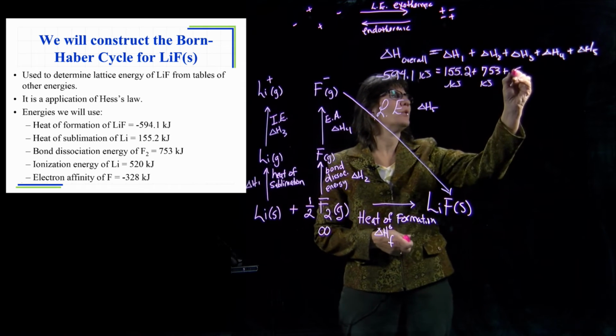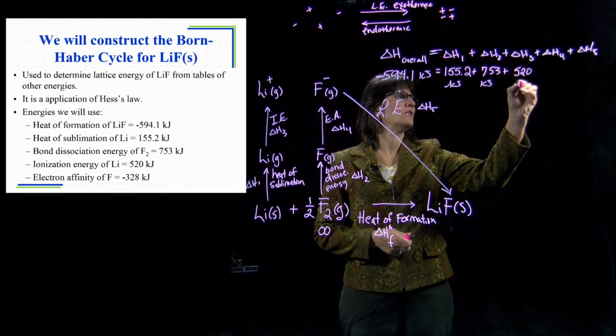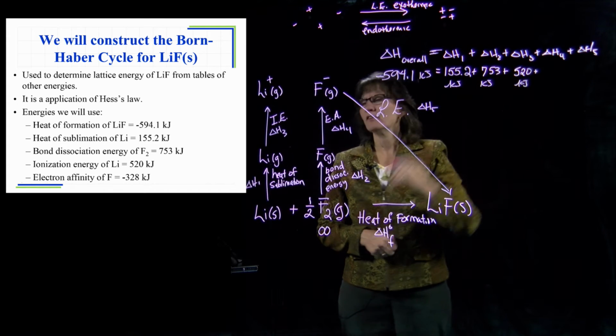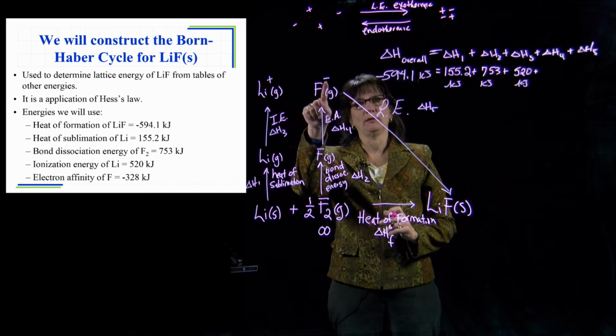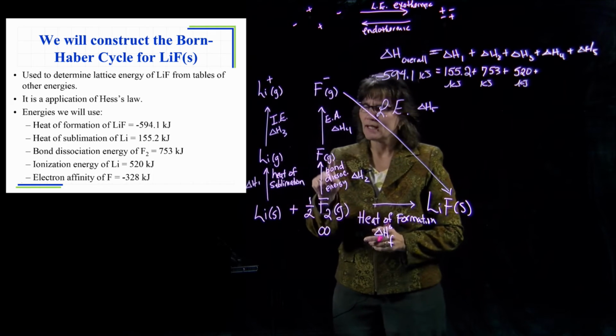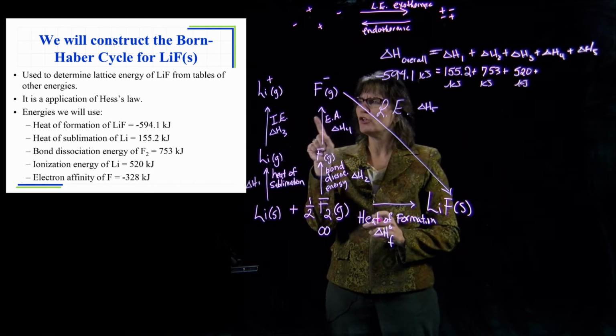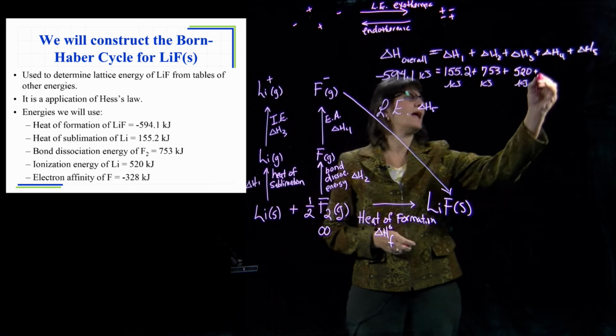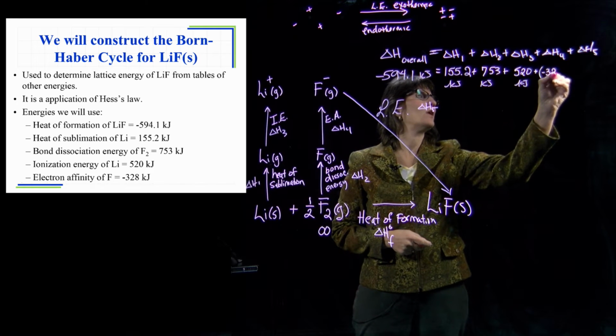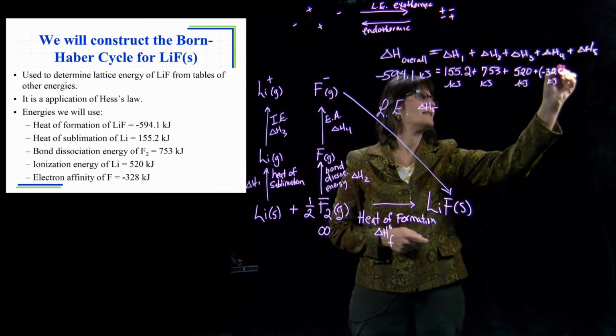It's 520 kilojoules. The delta H4, that is the electron affinity. Now, fluorine really wants that electron. It wants that electron so badly it will pay you energy for it, and so it is an exothermic process, negative 328 kilojoules for that step.